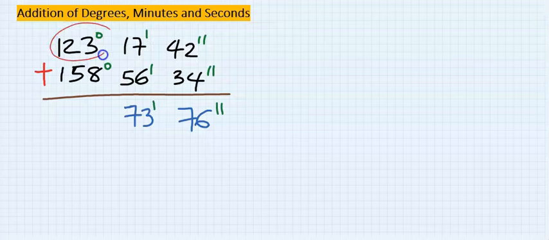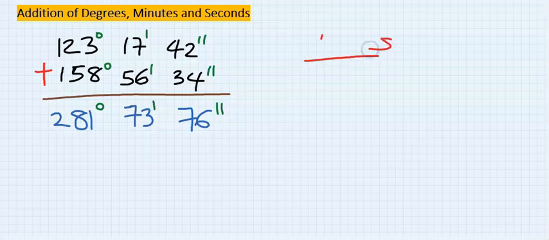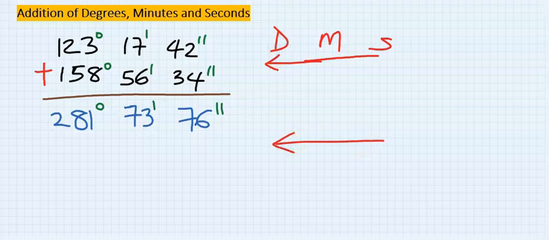Next, 123 degrees plus 158 degrees, you have 281 degrees. You can see that in our convention, we go from seconds to minutes, then we now go to degrees in this direction.